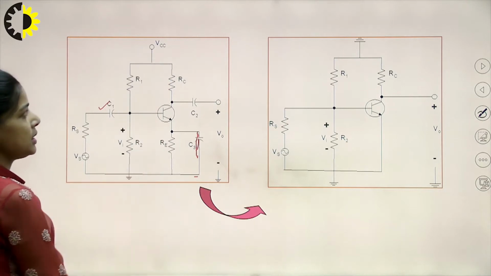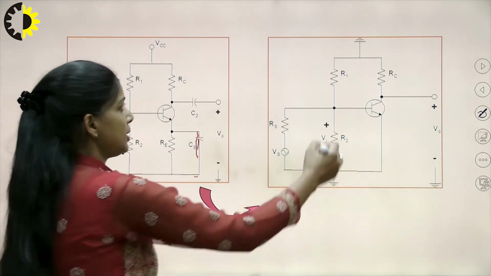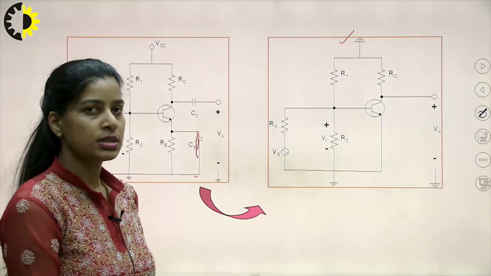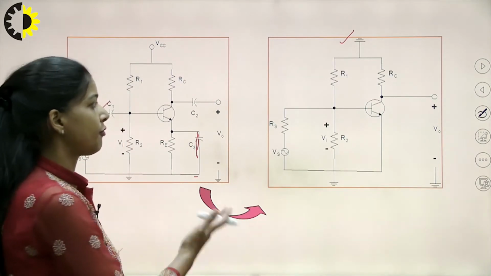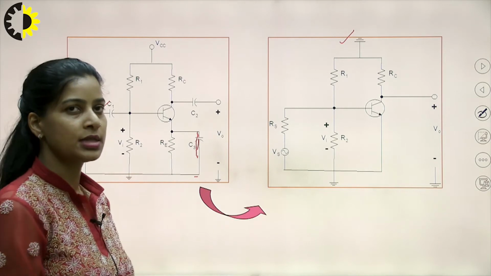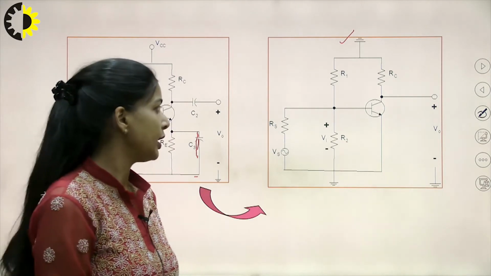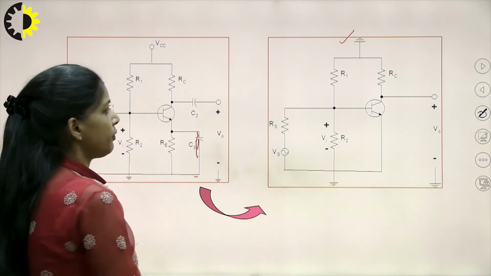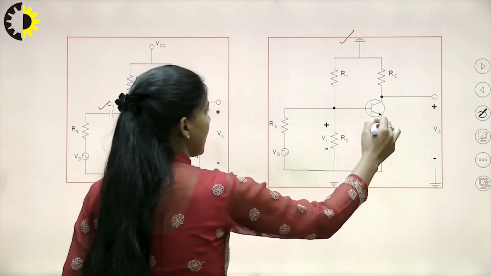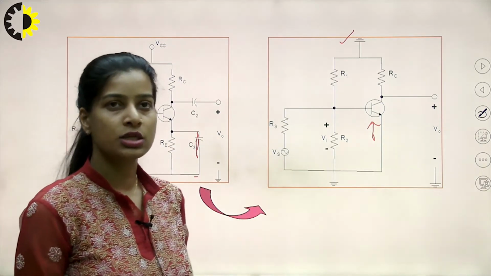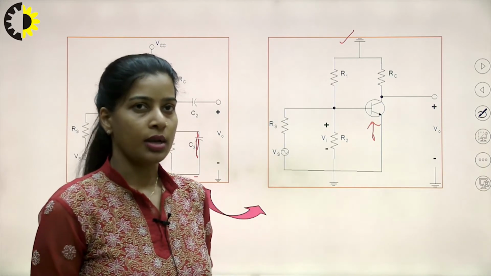The VCC that we have made ground is connected to ground potential. So this is the equivalent circuit after applying all the steps for making the AC equivalent of any circuit. Now, in the final step, we will replace this transistor with its small signal model.